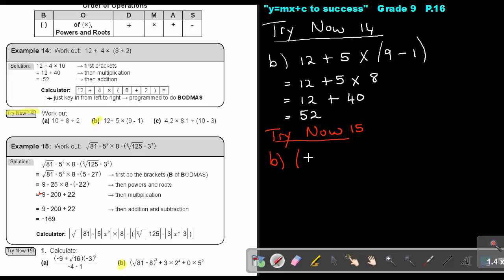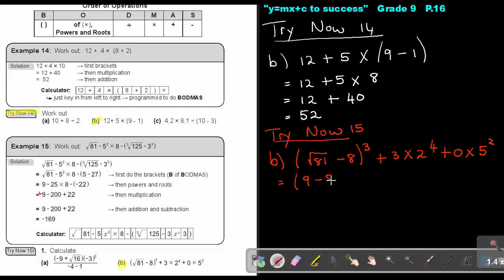Okay, there's my bracket. It's square root 81 minus 8, to the power of 3, plus 3 multiply 2 to the power of 4, plus 0 multiply 5 to the power of 2. Okay, so let's start first with the brackets. Now if we start with the brackets, we can already take the square root of 81, and that's 9.